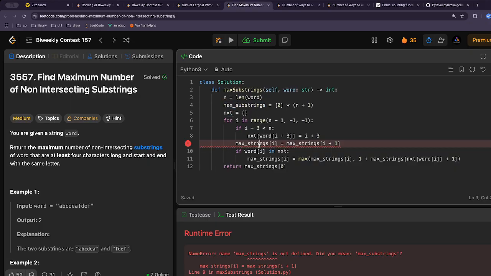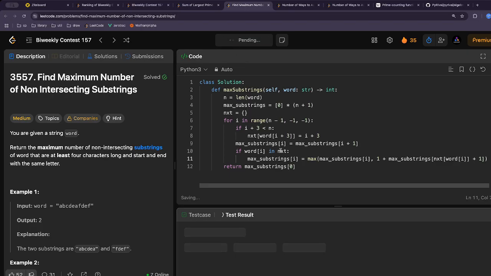Max substrings. I mean, this name is too long, right? Sorry about that. I don't like this trend of using DP as the name of the DP array.